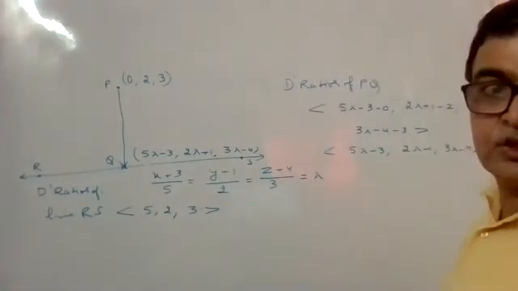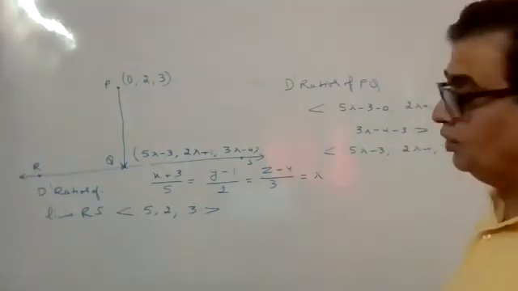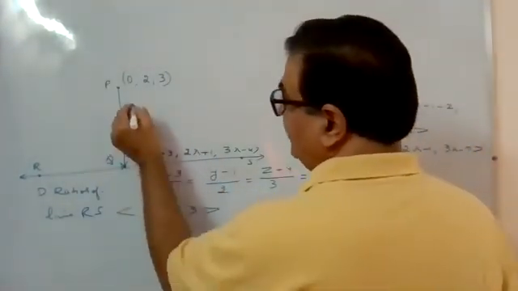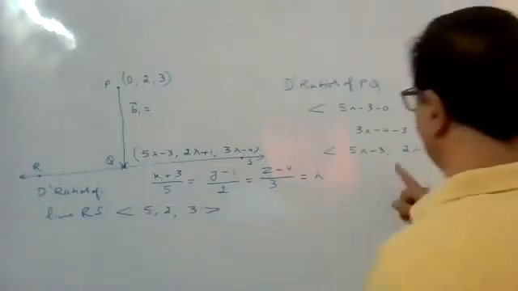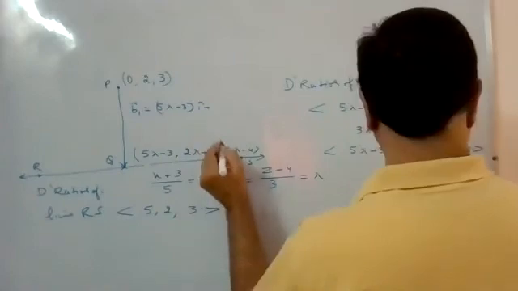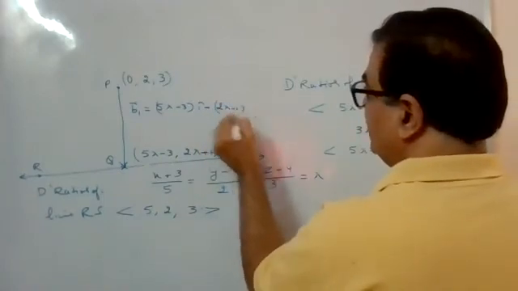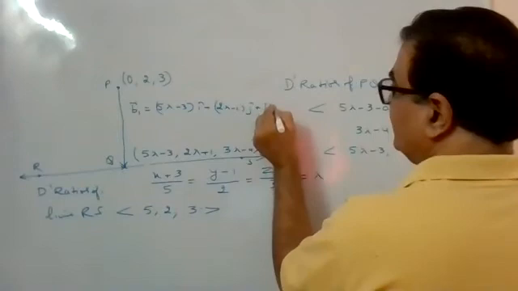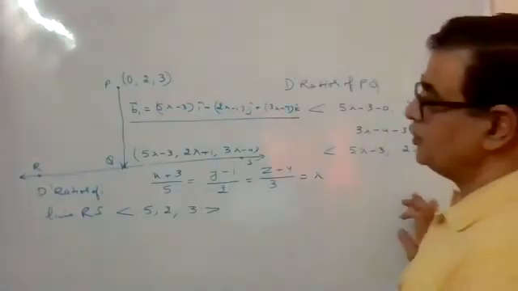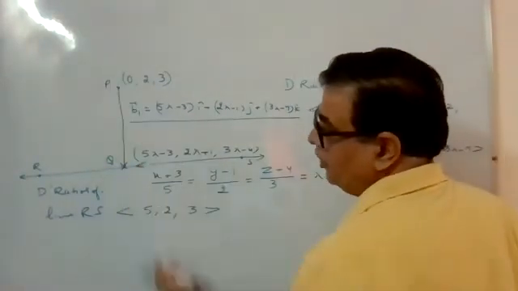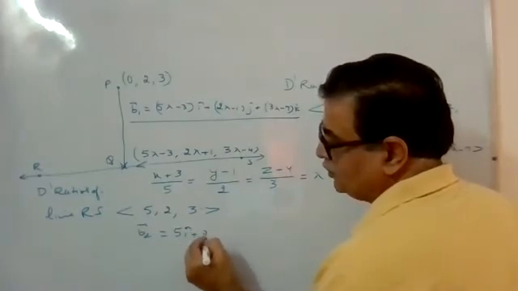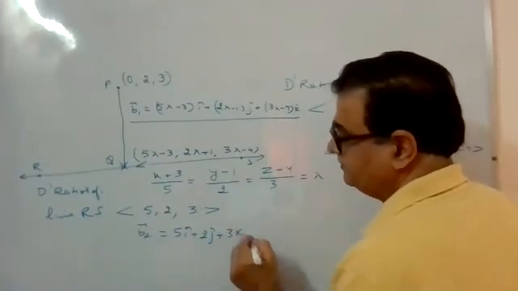Who gives the direction of PQ? That is the vector v1: (5 lambda minus 3) i cap plus (2 lambda minus 1) j cap plus (3 lambda minus 7) k cap. Who gives the direction of this line? That is the vector v2: 5i plus 2j plus 3k.